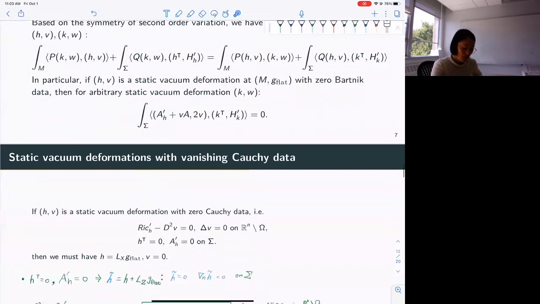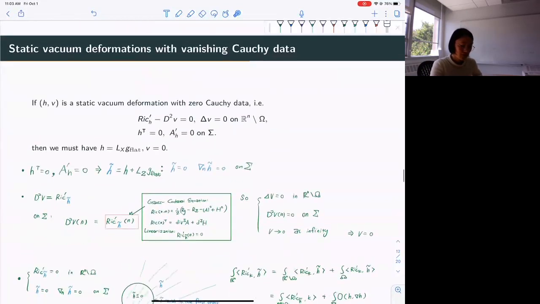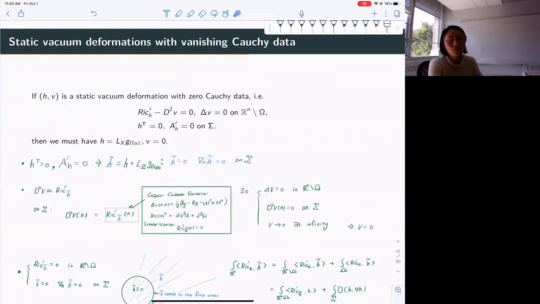Okay, so therefore, instead of considering Bartnik data, we want to consider Cauchy data first. So we enhance the kernel space to be static vacuum deformations where H is preserving the induced metric and preserving the second fundamental form.